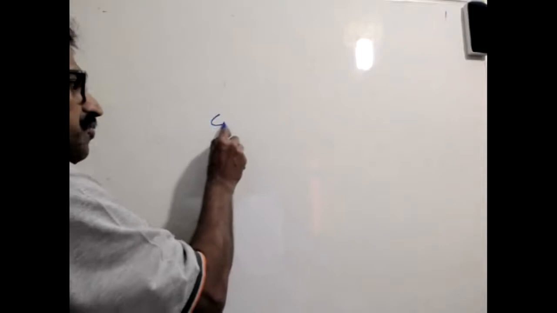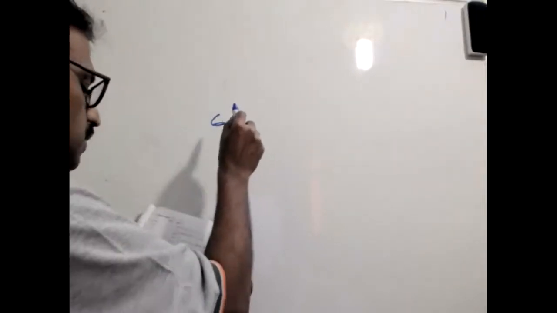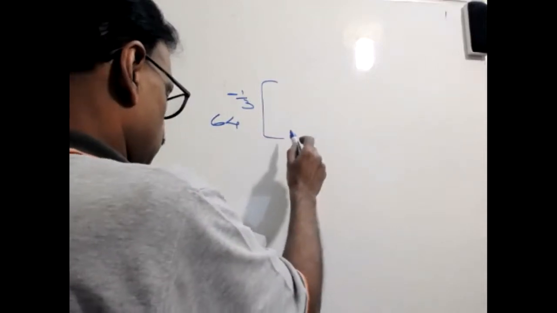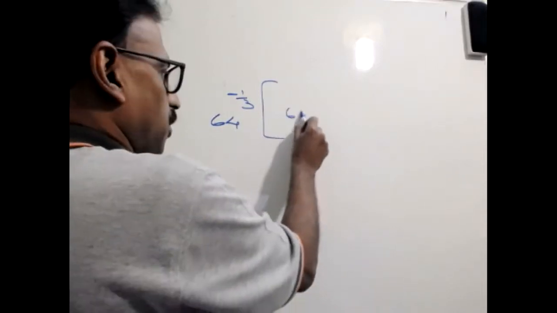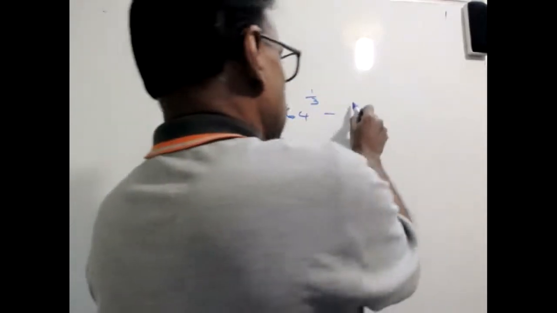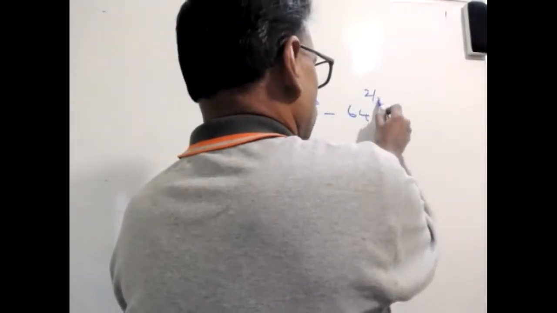So next question. 64 raised to minus 1 by 3 into 64 raised to 1 by 3 minus 64 raised to 2 by 3.